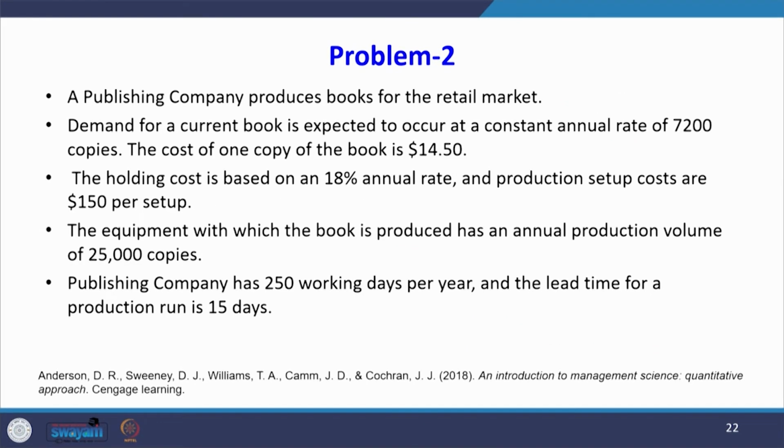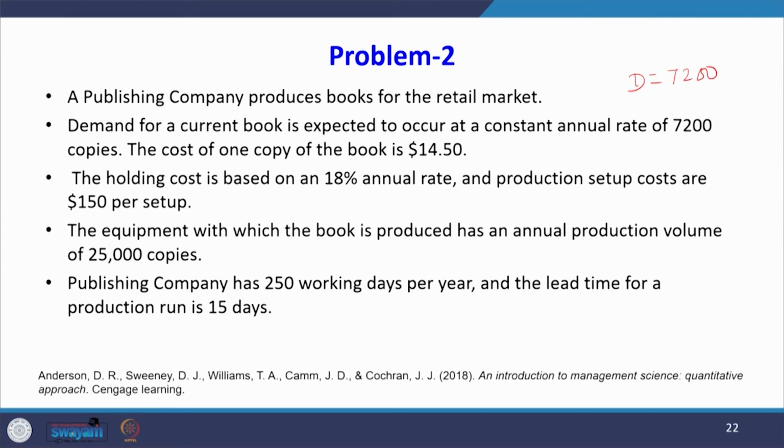We can take another problem to understand this concept. A publishing company produces books for the retail market. The demand for the book is expected to occur at a constant annual rate of 7,200 copies. So, here 7,200 is your capital D. The cost of one copy of the book is $14.5.